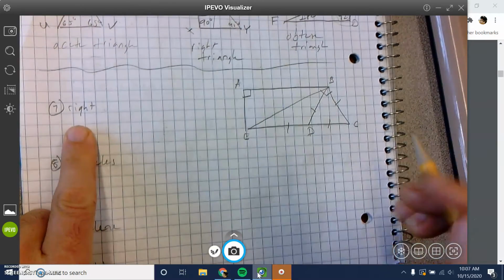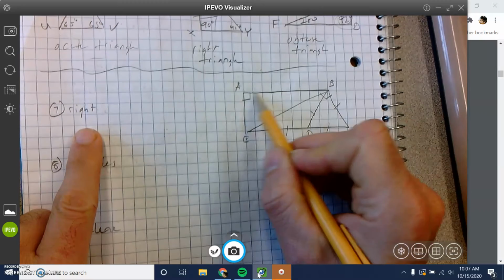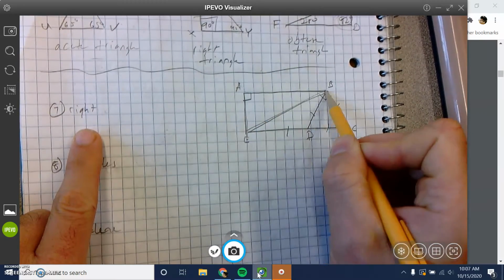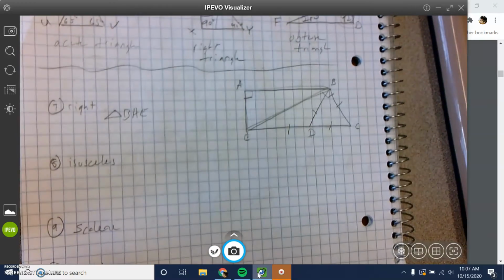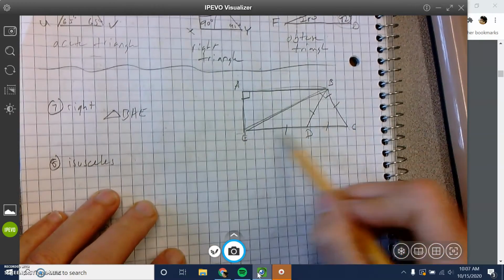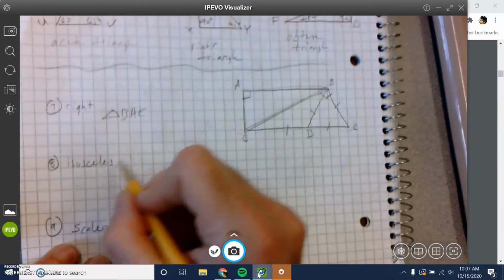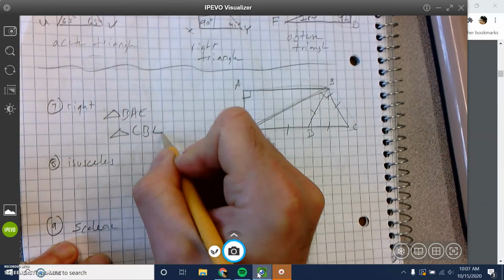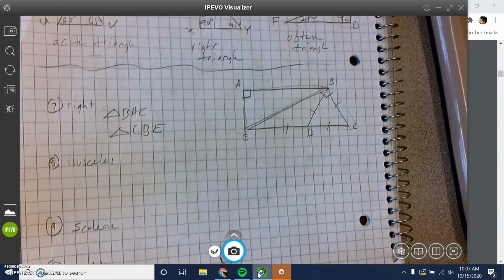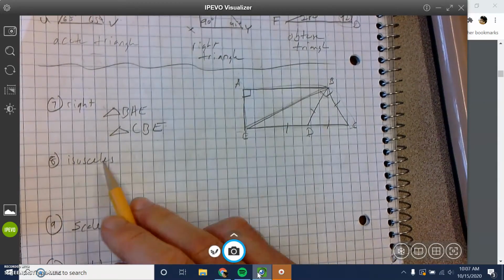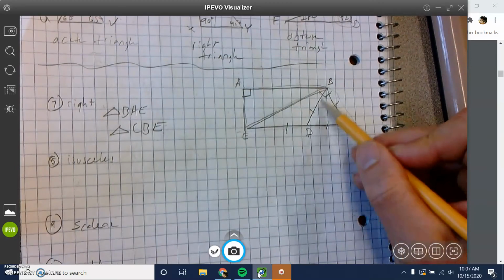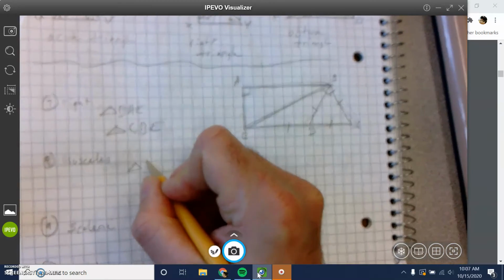So right triangles. We have B, A, E. What's the other one? Yeah, CBE right here, because that's a right angle. Got it. Okay, so we have 2 right triangles. Isosceles. So isosceles can mean equilateral also, so that means BDC.